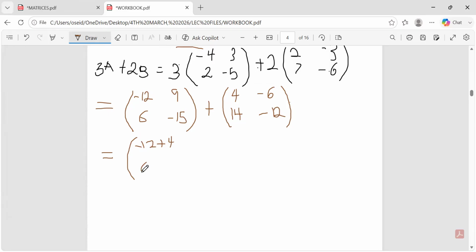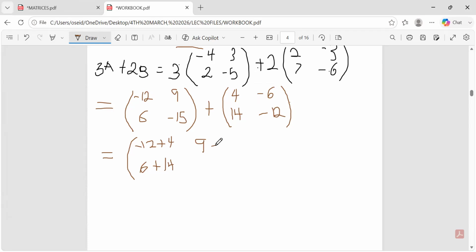Then 6 plus 14. Then we have 9 plus its corresponding number, which is -6.